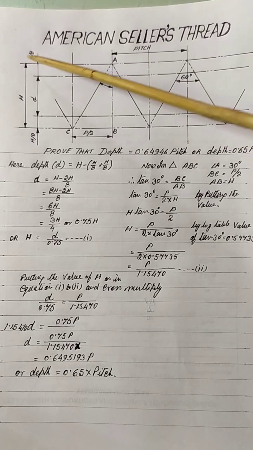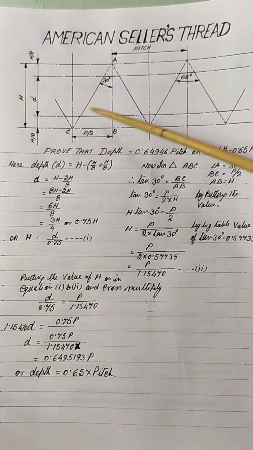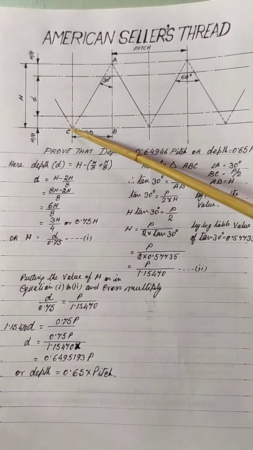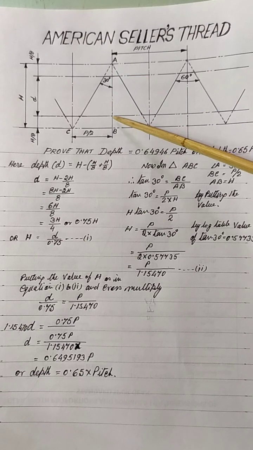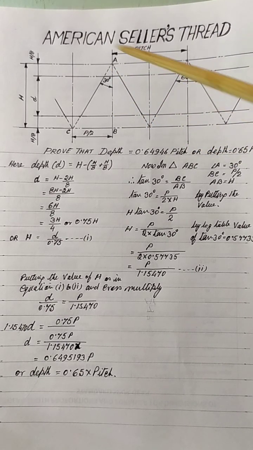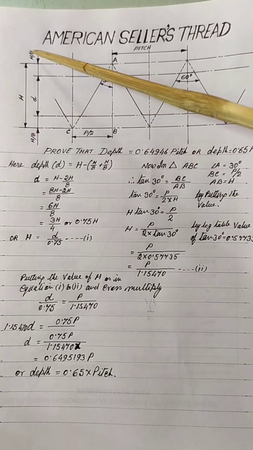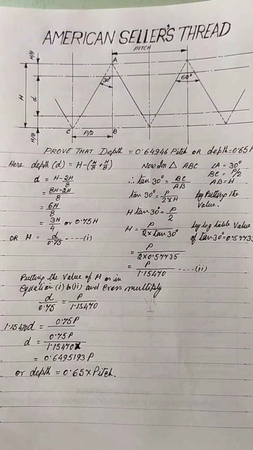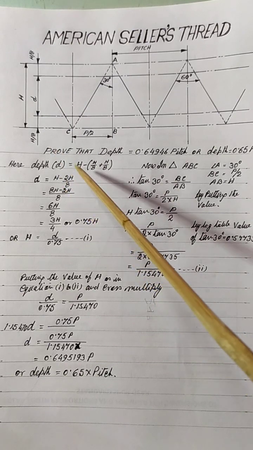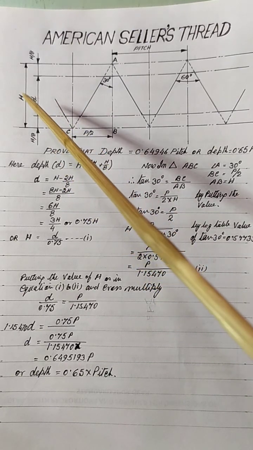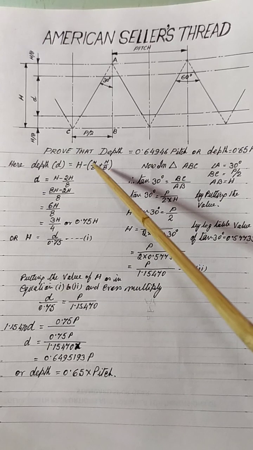Here you see H is equal to the total perpendicular distance from this point to the crest. Depth is equal to, this is the actual thread form. Now this is H by 8, this is H by 8. Again in the same way, depth D is equal to H minus (H by 8 plus H by 8).